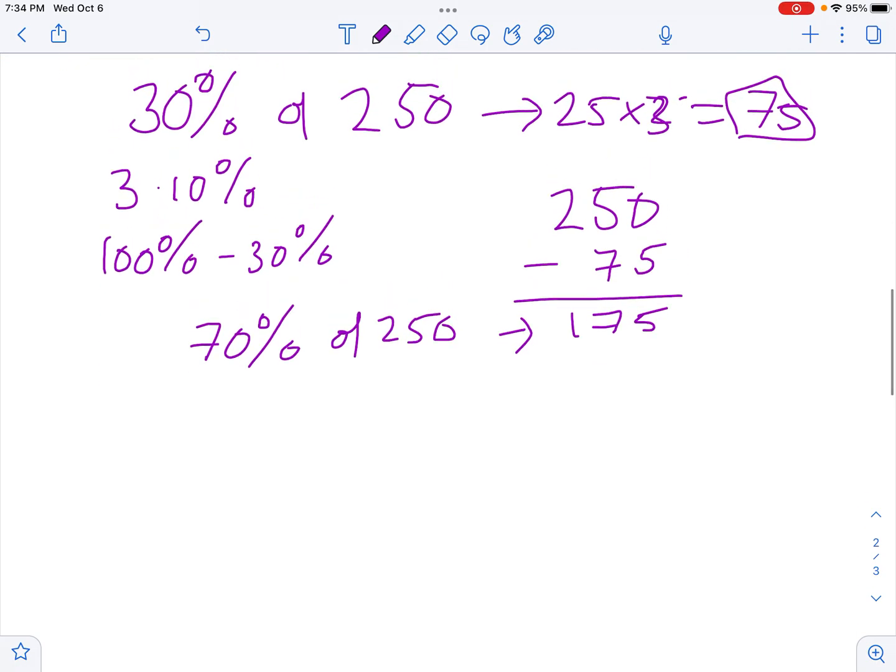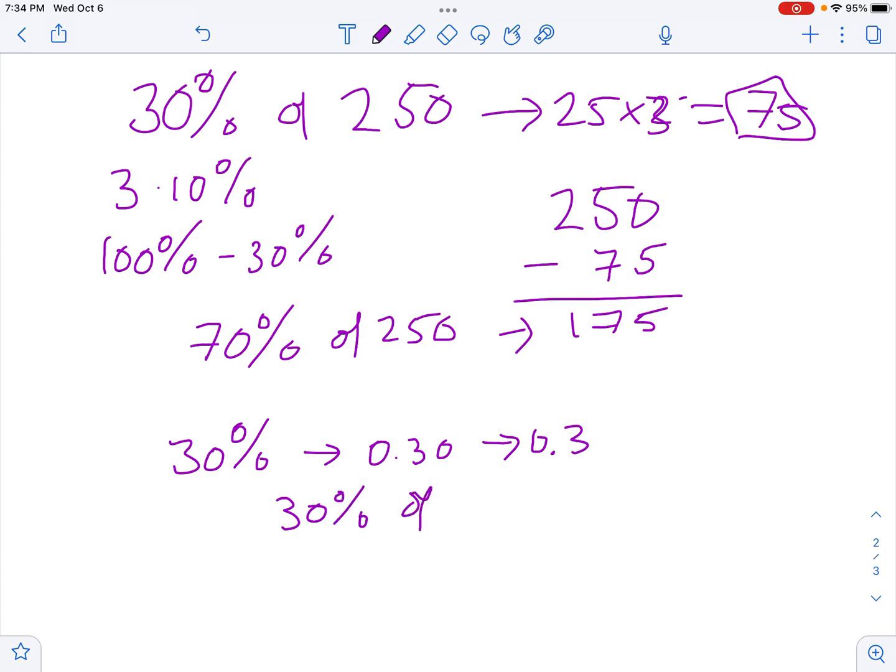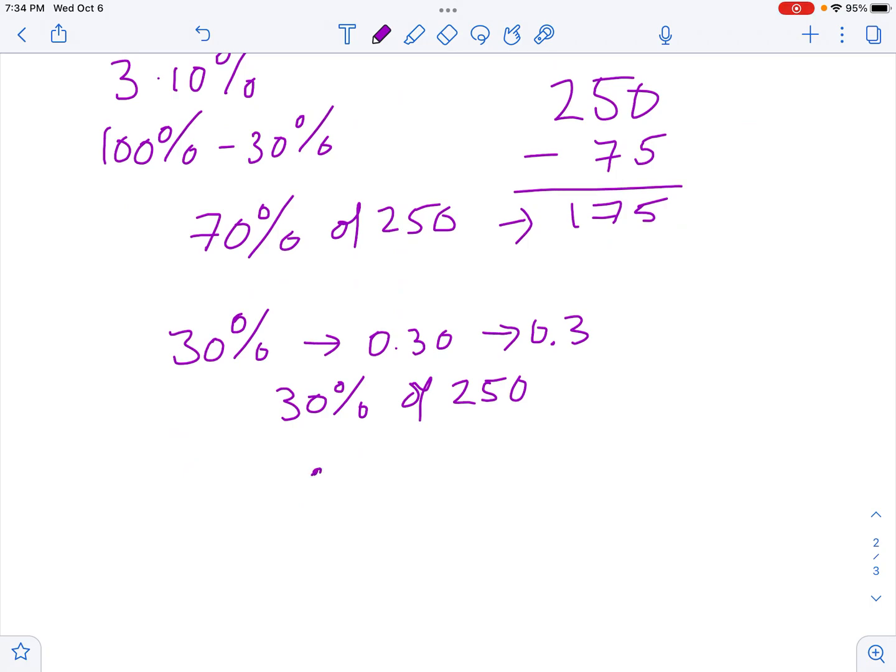Now, the other way I could find 30% of something is recognize that 30% is the same as the decimal 0.30, 30 out of 100, which is the same as 0.3, 3 out of 10. And then knowing that of essentially means multiply, 30% of 250 is the same problem as 0.3 times 250.